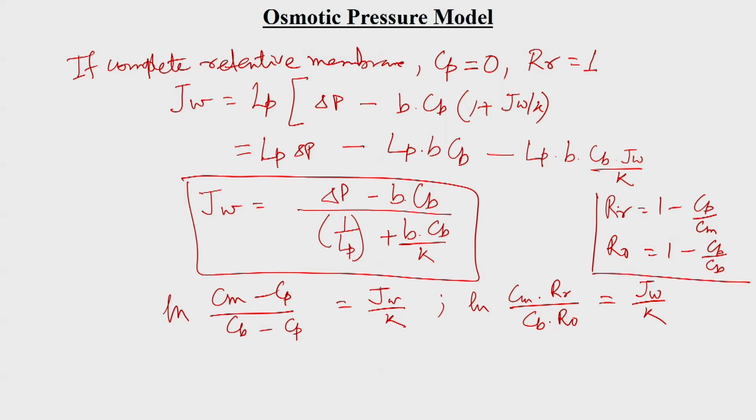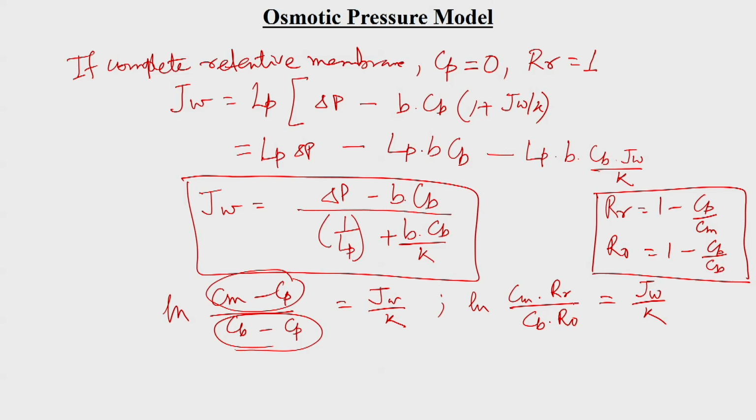From these two equations we will be getting ln Cm into Rr by Cb into Ro, in terms of 1 minus Ro or 1 minus Rr, because it is Cp by Cm and Cp by Cb.